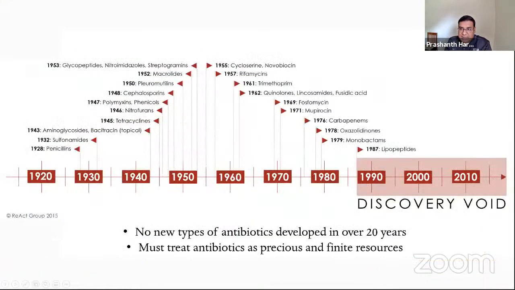So this is the timeline that I was able to retrieve. I was talking about the antibiotics. You can clearly see that penicillin was discovered in 1928, then you have the cephalosporins in 48, and then macrolides, the azithromycin medication, came in 52. So again, we are still using the same group of medications from the pre-50s era.